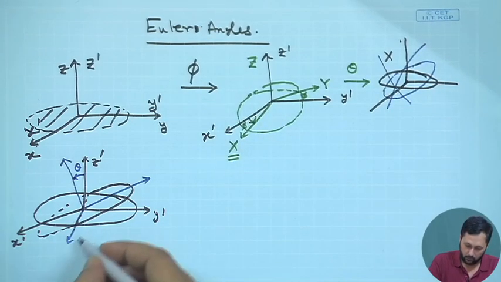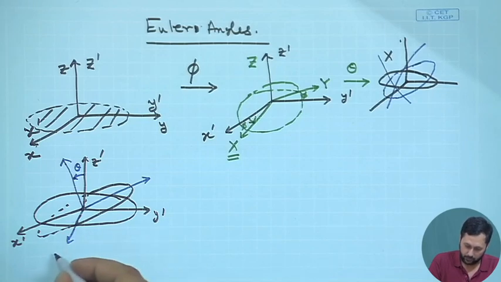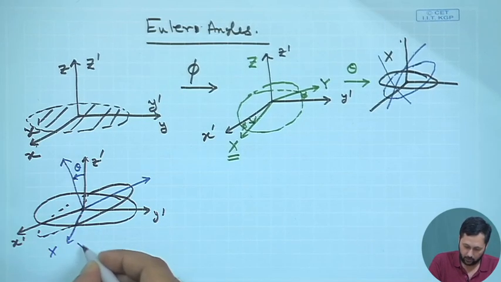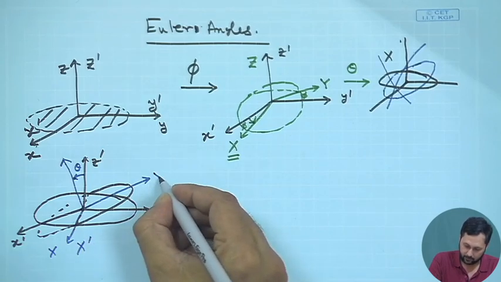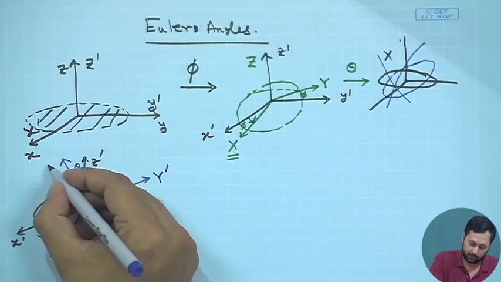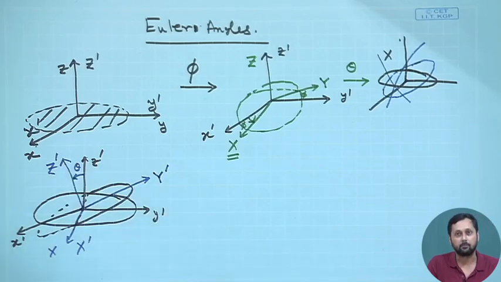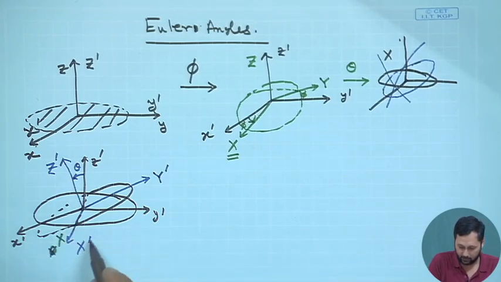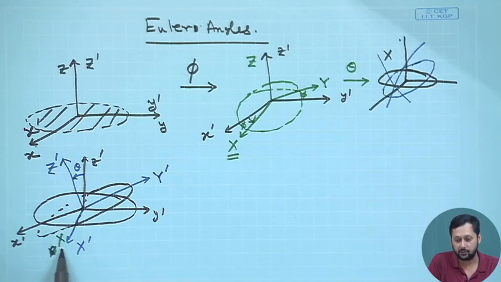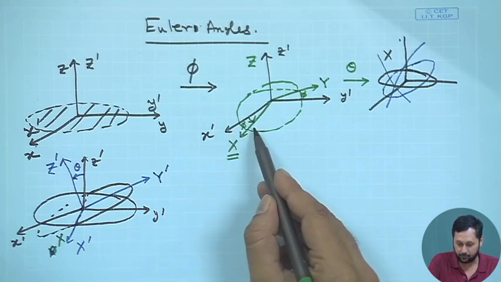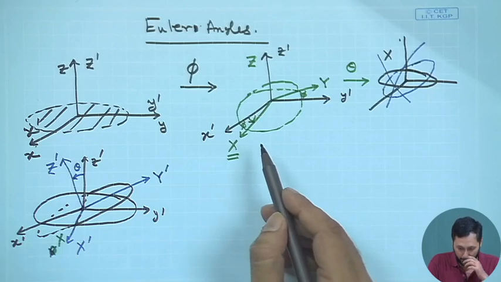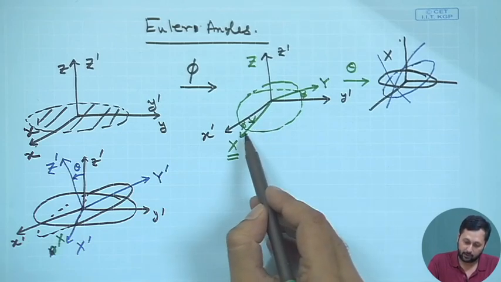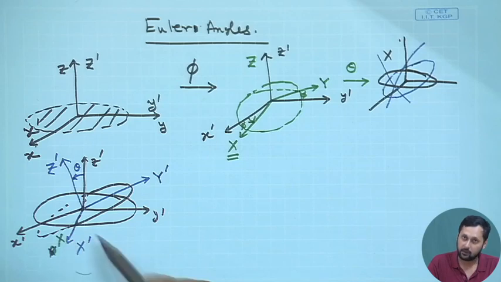Now in this new set, capital X prime, capital Y prime, capital Z prime, this capital X prime and capital X coincide with each other, because capital X is after the first phi rotation. Because the rotation is around this axis, it remains invariant.